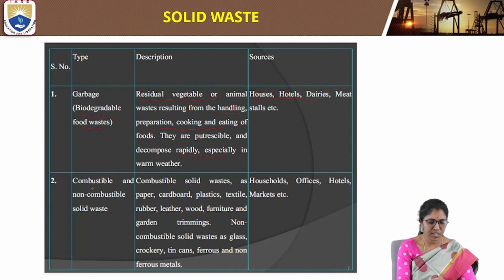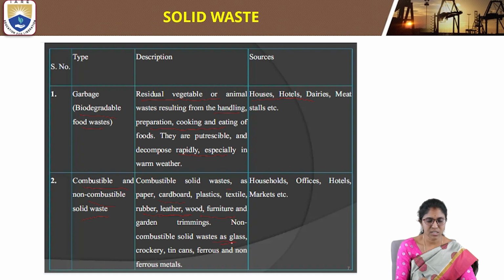Next, combustible and non-combustible solid waste. Combustible solid waste includes paper, cardboard, plastics, textile, rubber, leather, wood, furniture and garden trimmings.